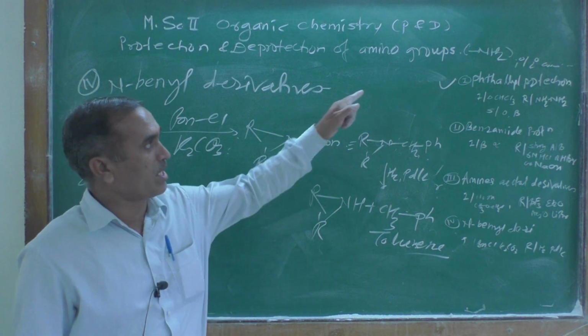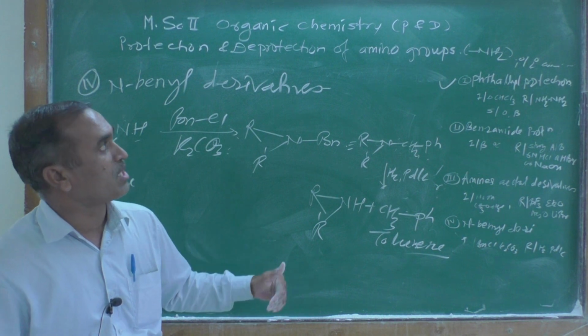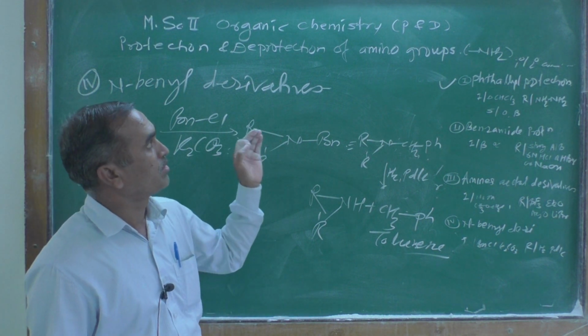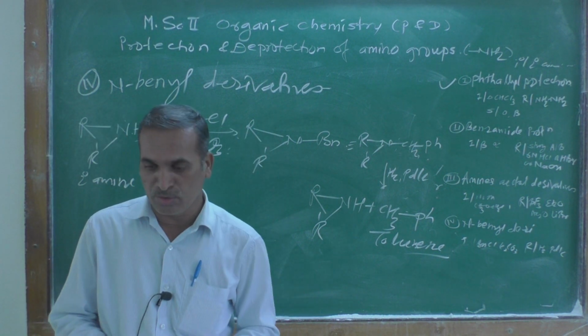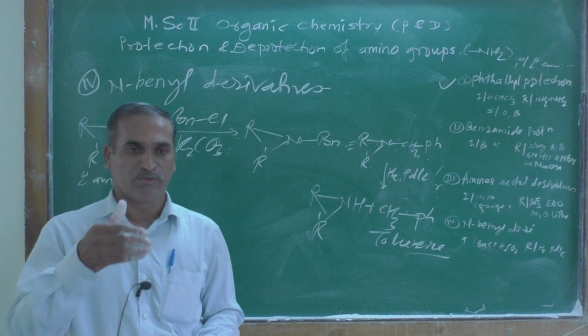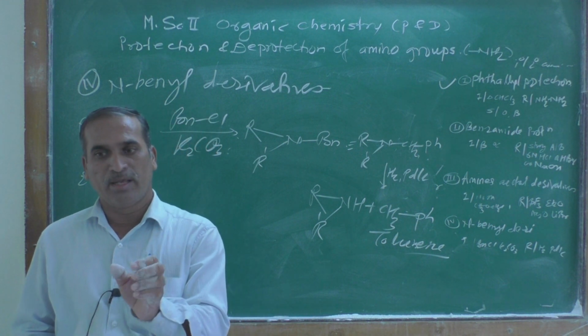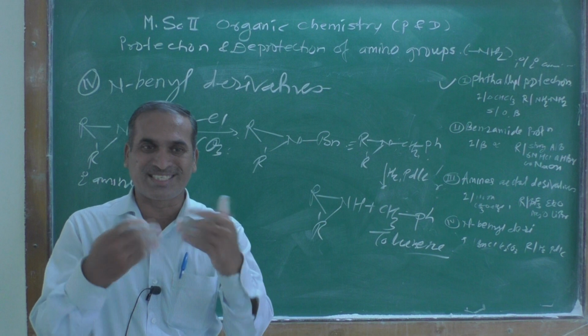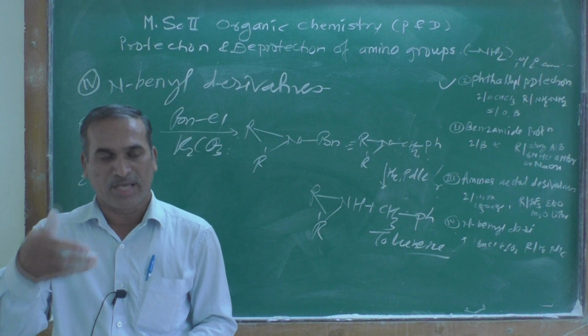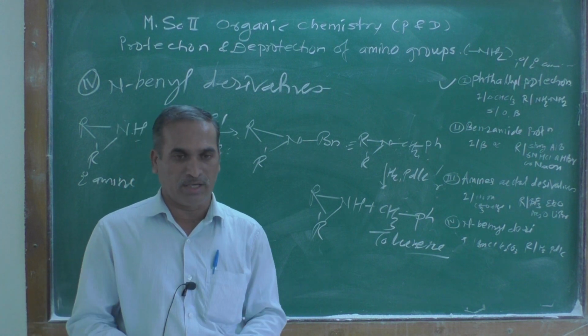In addition to that, these four are additional protecting groups also used for the protection of amino groups. The remaining functional groups and their protection we will discuss in our next lecture, tomorrow's lecture. Let us stop today here.